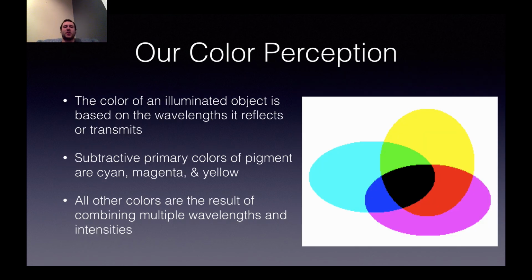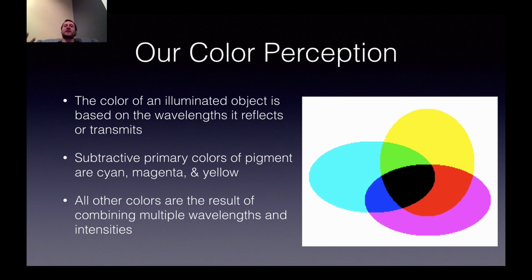Now, things change when we look at an illuminated object, right? An illuminated object is something that has light hit it, so it does not produce its own light. So you're talking clothes and paint on a wall and the fabric of a chair, right? Those sorts of things don't produce their own light.